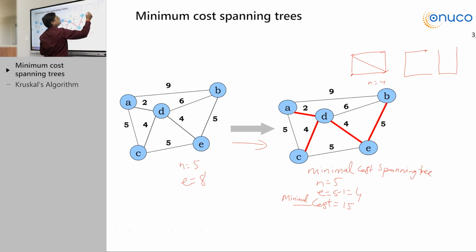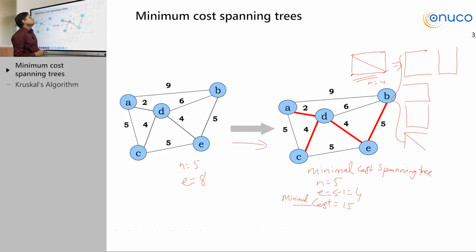How many vertices? 4. So we can have multiple spanning trees, friends. These are all spanning trees for the given example, where we have 4 vertices and 5 edges. Only thing is, the number of vertices will be the same, but the number of edges will be 1 less than the number of vertices. So in this particular case, we have 4 vertices.